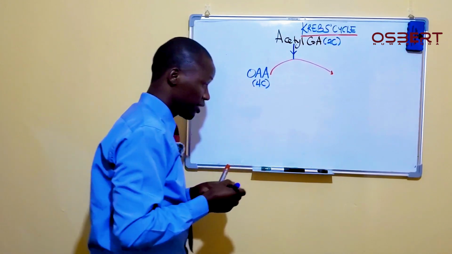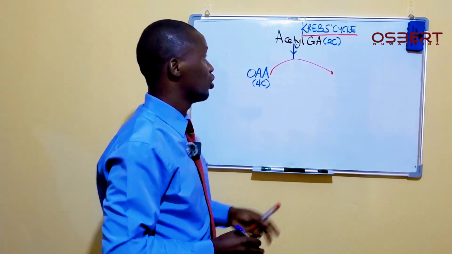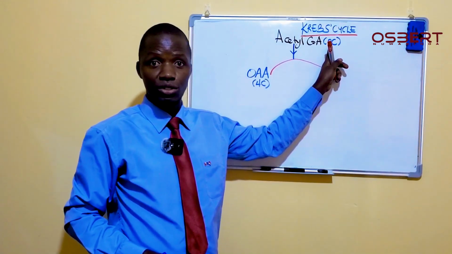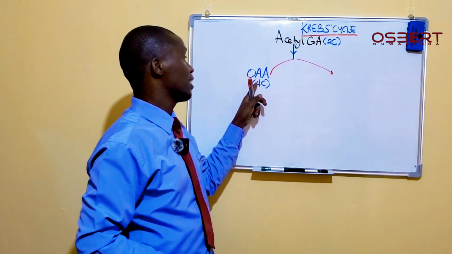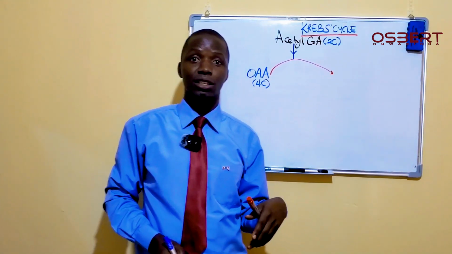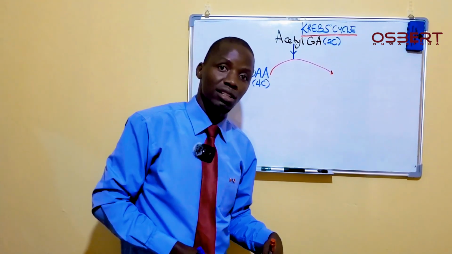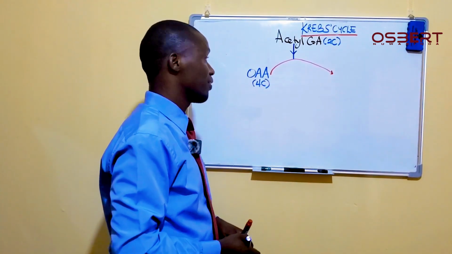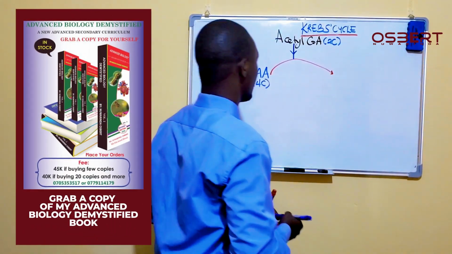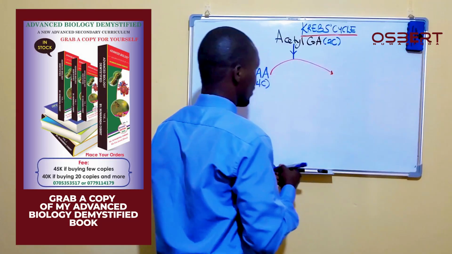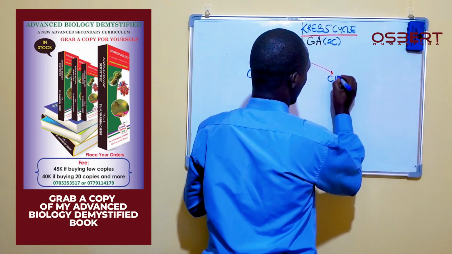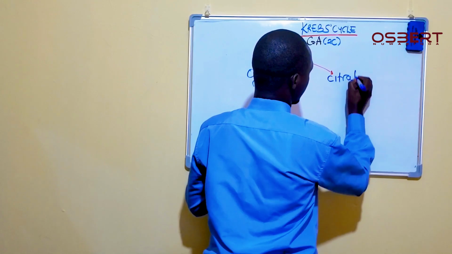So we are asking ourselves, if I have a molecule which is having 2 carbons combining with a molecule which is having 4 carbons, the molecule which is going to be formed is going to be having how many carbon atoms? They are going to be 6. So this molecule having 6 carbons is what we are calling citric acid, or we can call it citrate.